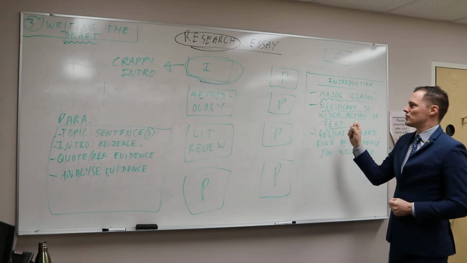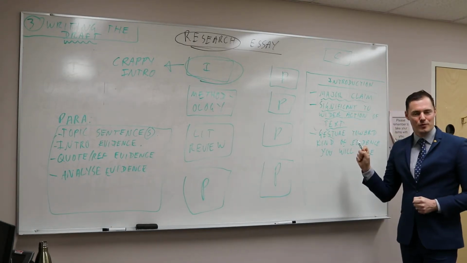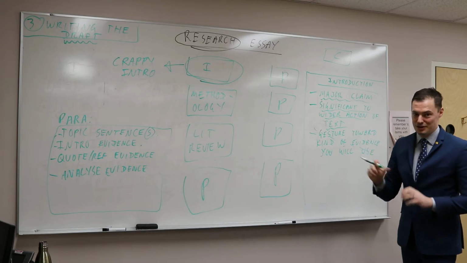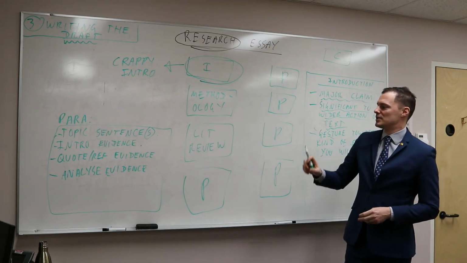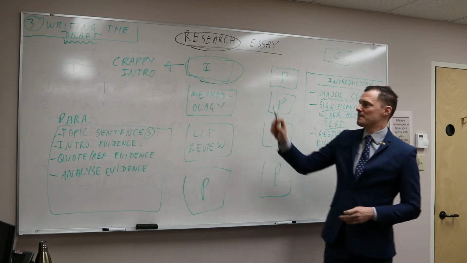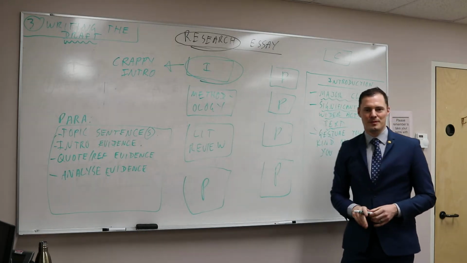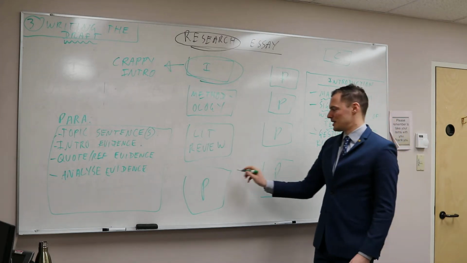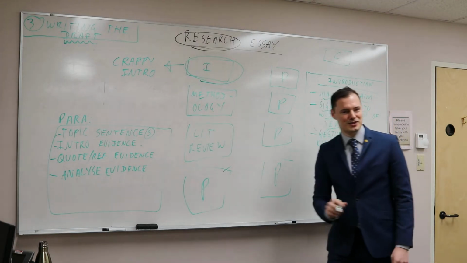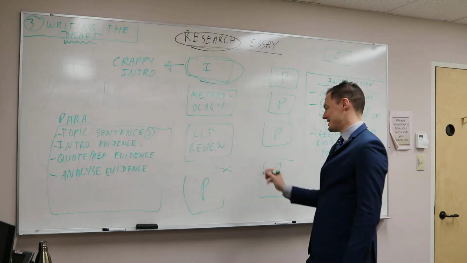So the final introduction is going to be the last thing you write before you hand it in. You're going to do that in the editing phase. But in order to write the essay, to have functioning topic sentences, you need the crappy intro. And if you are really good, you're going to differentiate between crappy topic sentences and the topic sentences you hand in.